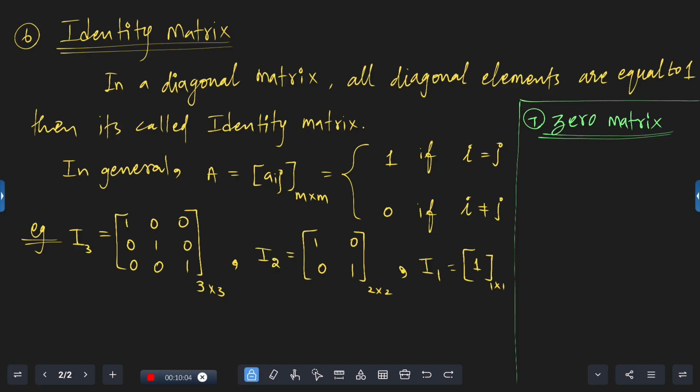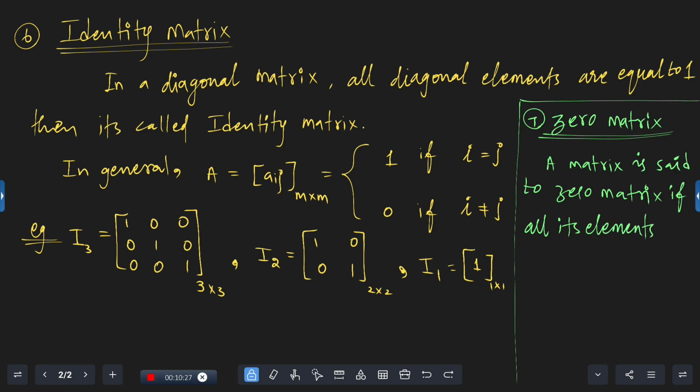Then we can say a matrix is said to be a zero matrix if all its elements, or entries, are equal to 0.